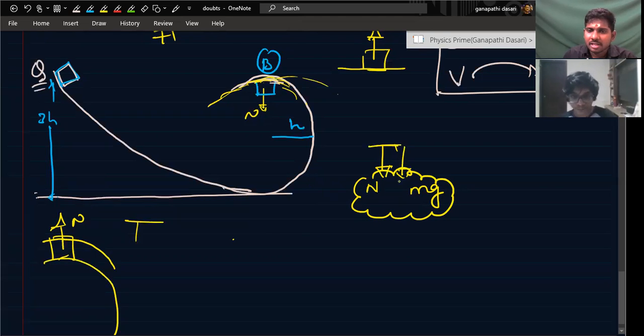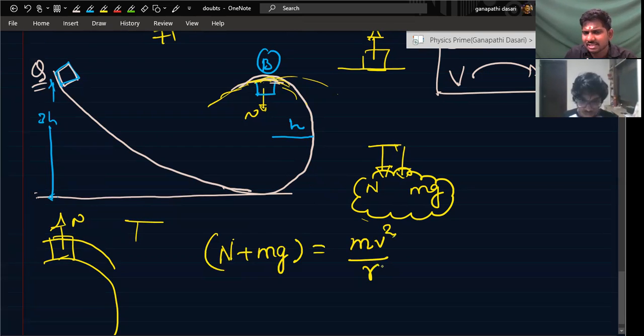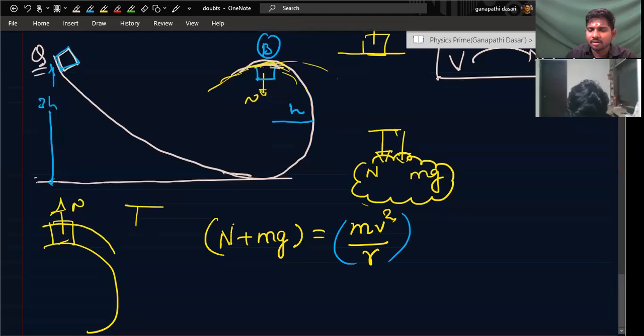Centripetal force is provided by these two things, N and also mg here. N plus mg is actually the centripetal force, which is equal to mv square by r. Did I derive this in the last class? Maybe not, but at least you know the centripetal force is mv square by r. For now you understand this.